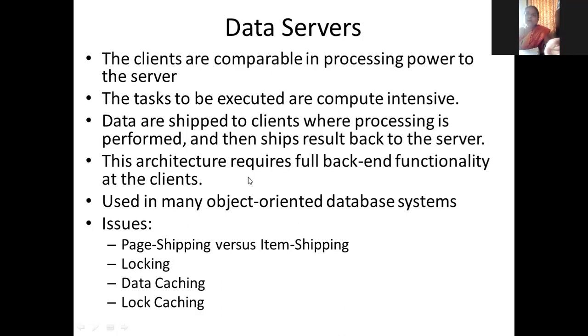Right. So this architecture requires full backend functionality at the client side. See, what is in the backend side? Anyone? Already we have seen what is in the front end and what is in the back end in the database system. The database system can be divided into two parts, front end and back end. So in the back end, which are the functionalities there?